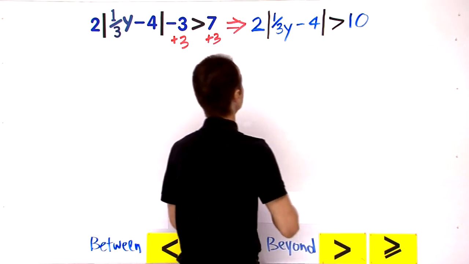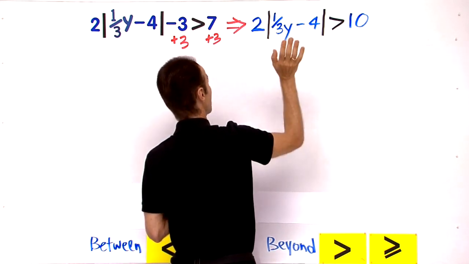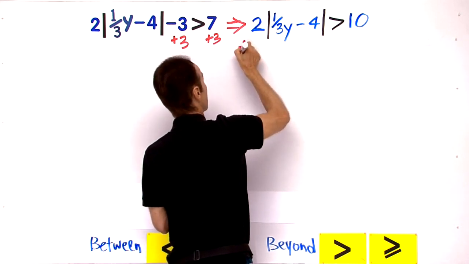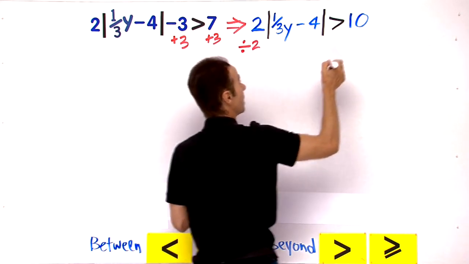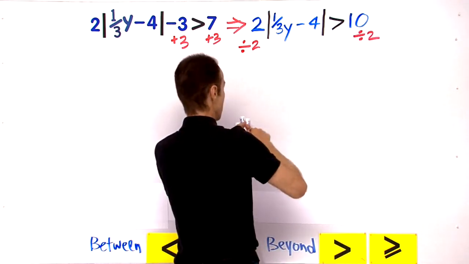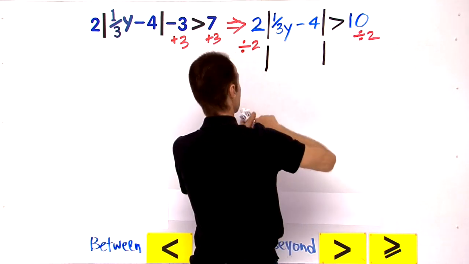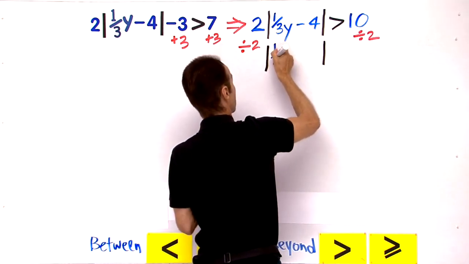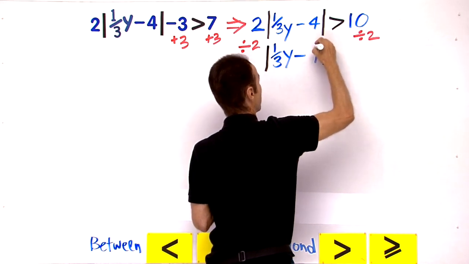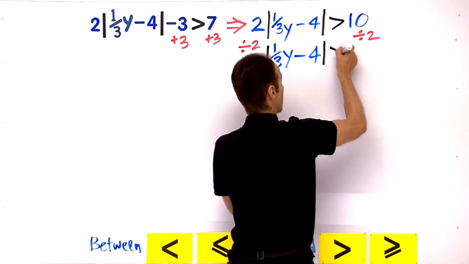Okay, what do we do next? Well, the next thing we want to do is eliminate the 2. Remember, the minus 4, you leave it there. So to eliminate the 2, we're going to divide by 2. And we're also going to do it over here, divide by 2, of course. So that leaves us with absolute value brackets, 1/3 y minus 4, and that's greater than what?